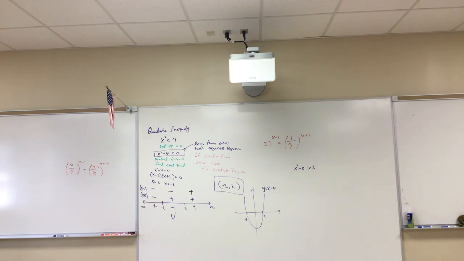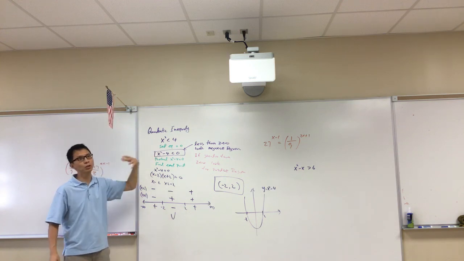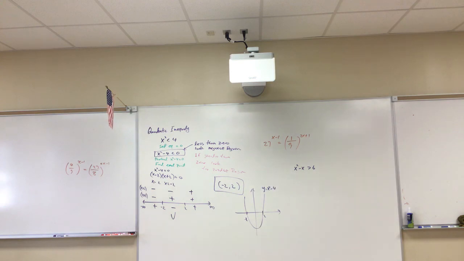Then go back to the original question and look at whether it's greater than 0 or less than 0, so you know which region you're looking for. This is going to be the hardest part of your test, finding that region.